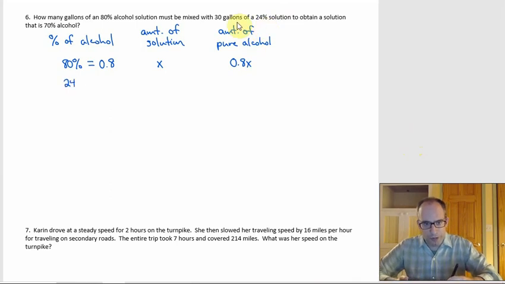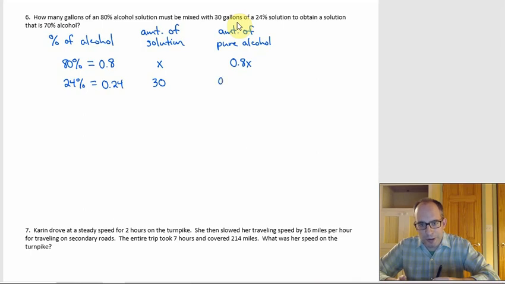So a 24% solution, or 0.24. Then the amount of solution is 30 gallons. And then over here, you'd have 0.24 times 30, which works out to 7.2.